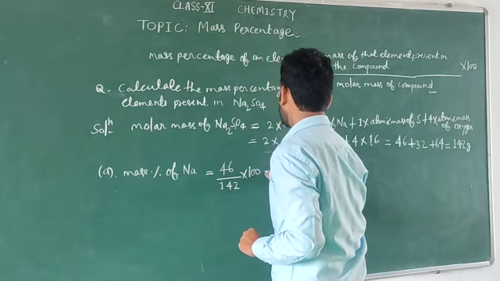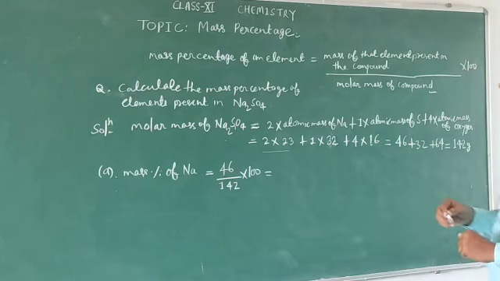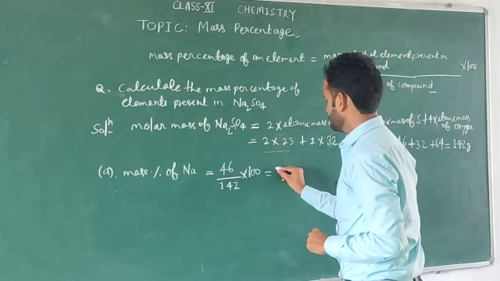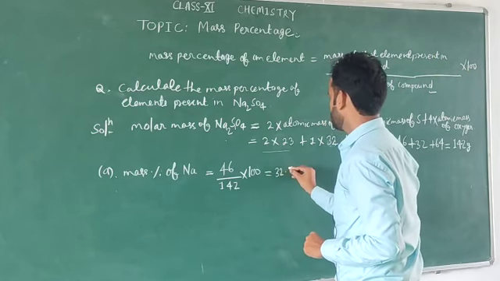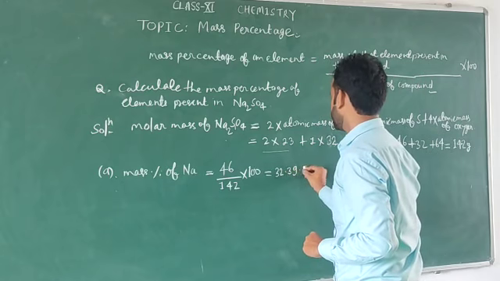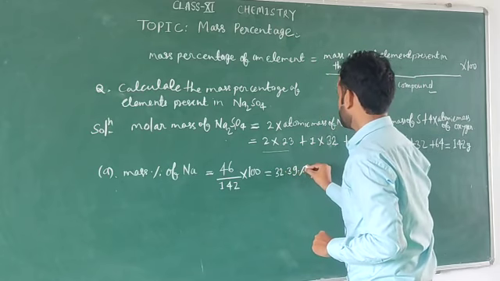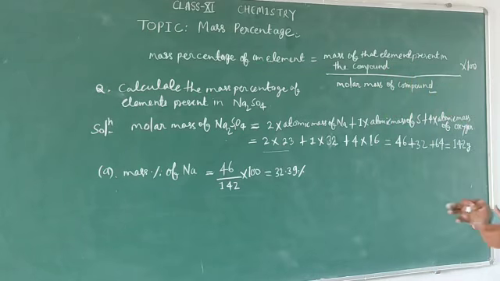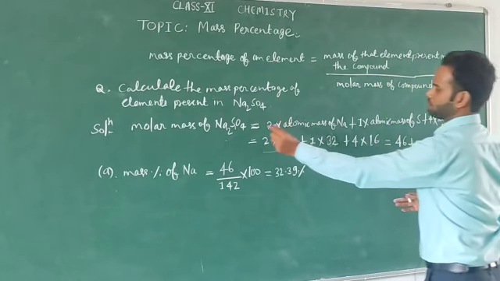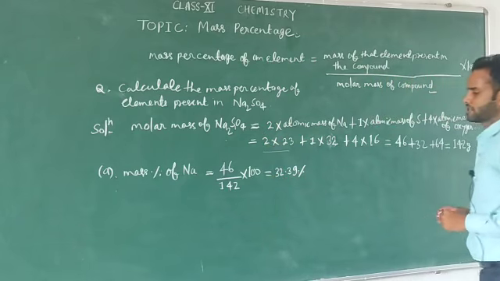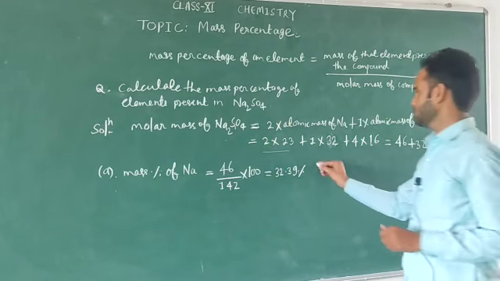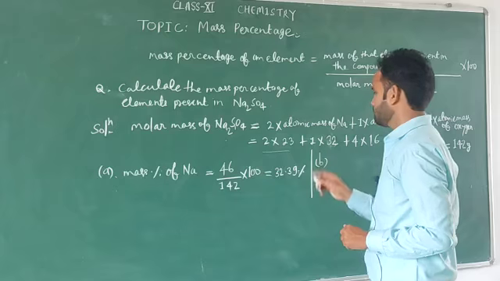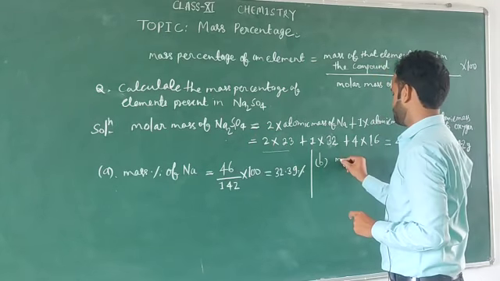After the calculation we get 32.39%. So the mass percentage of sodium in Na2SO4 will be 32.39%.